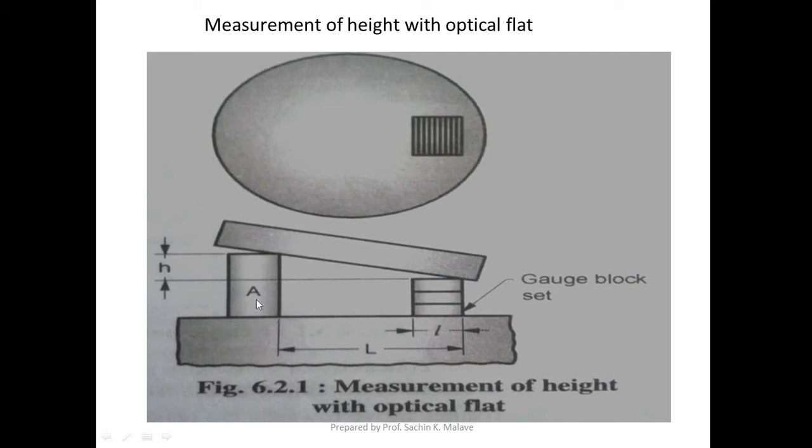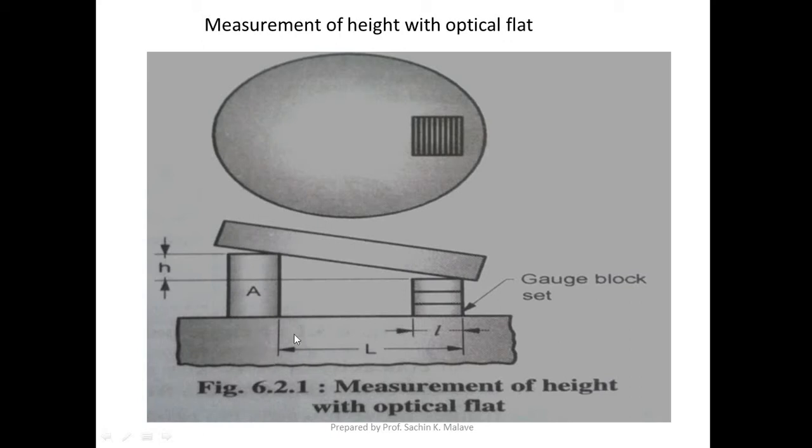Then this is the component whose actual height is to be measured, or we can say the difference between the height of the actual component and the gauge block set can be measured. So our objective is now to find the height difference between this component and this master gauge block set.